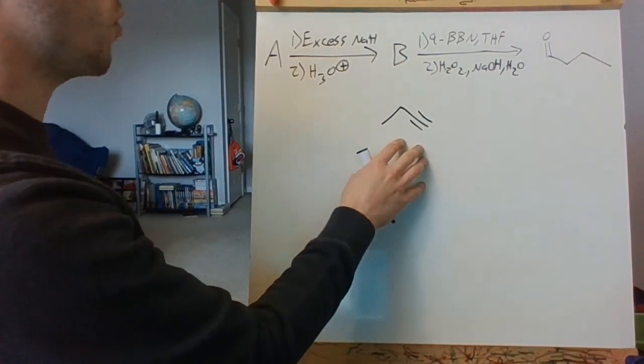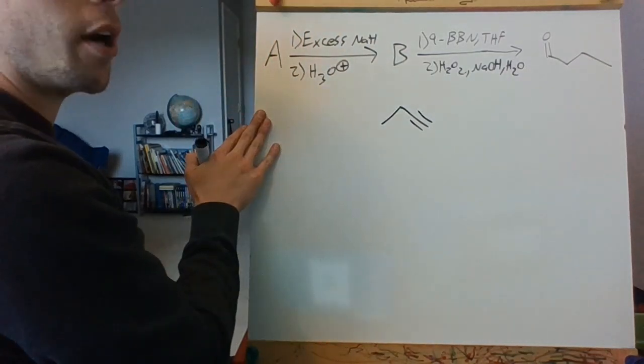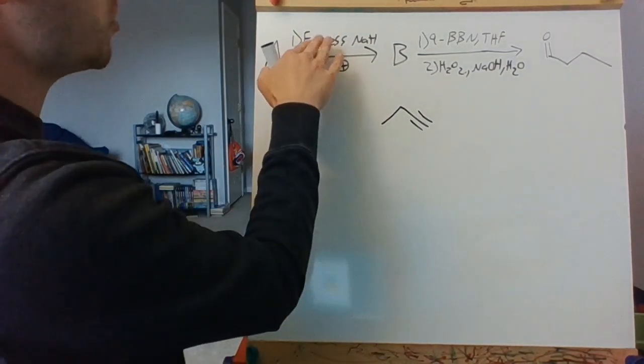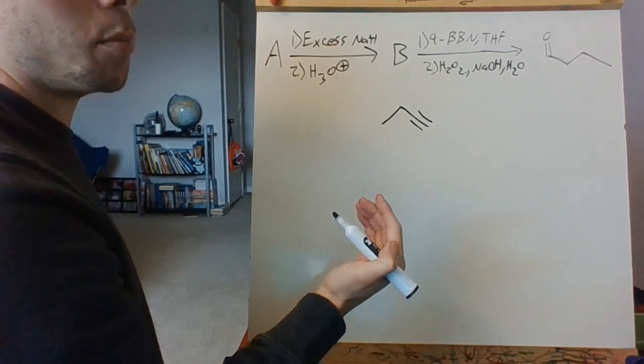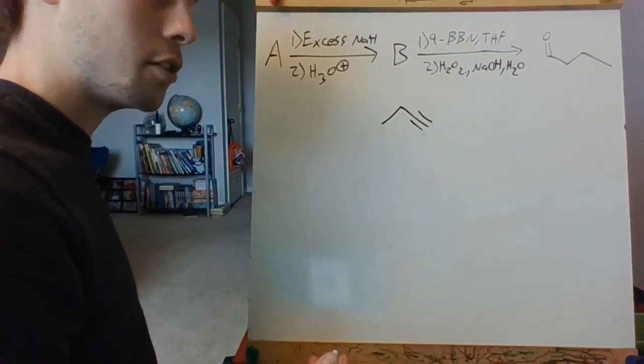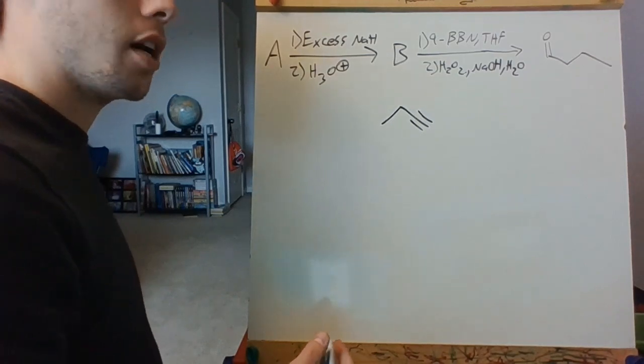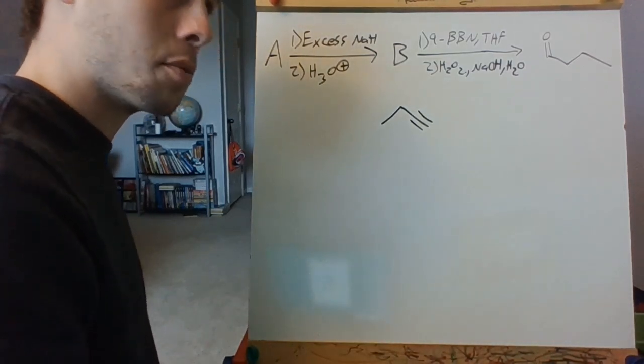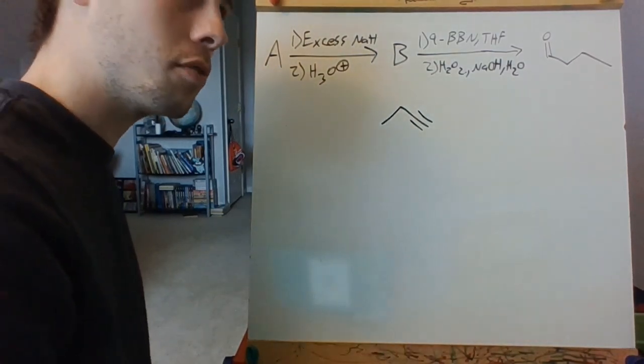And then again, we want to get to compound A. We see that we treat compound A, whatever that might be, with excess sodium hydride. We know that excess sodium hydride means sodium hydride acts as a base, and so we're going to be doing elimination reactions.